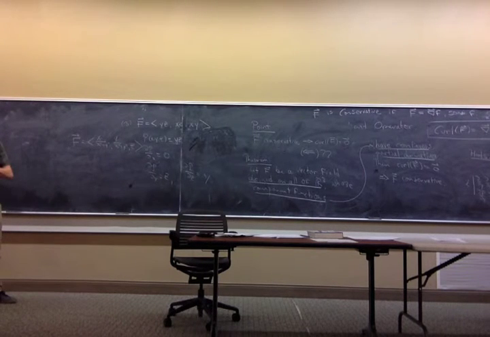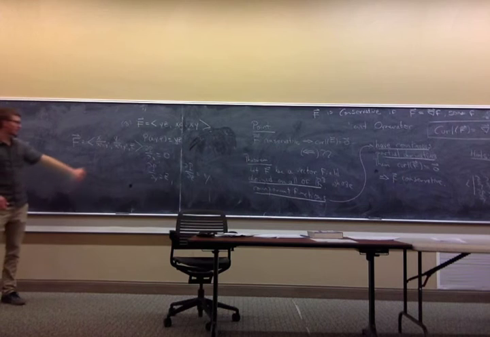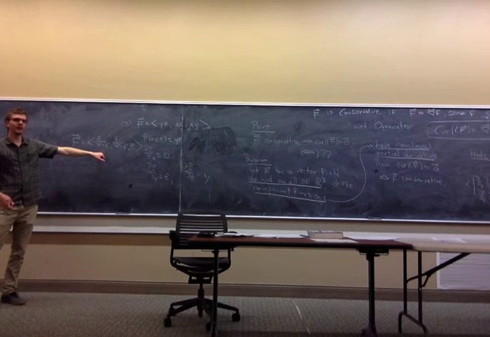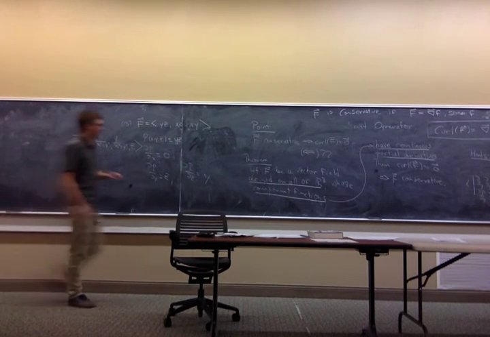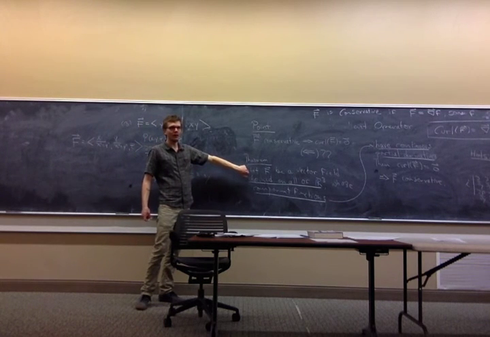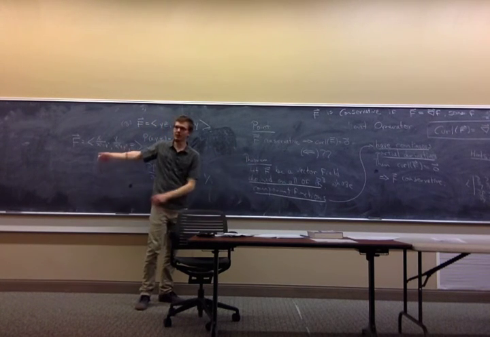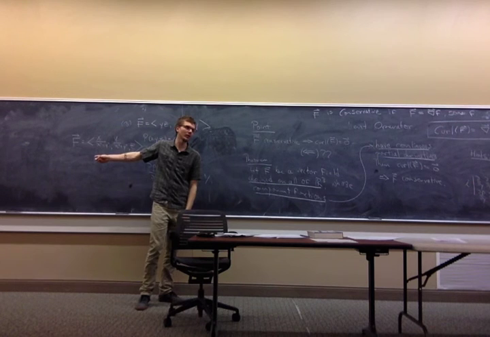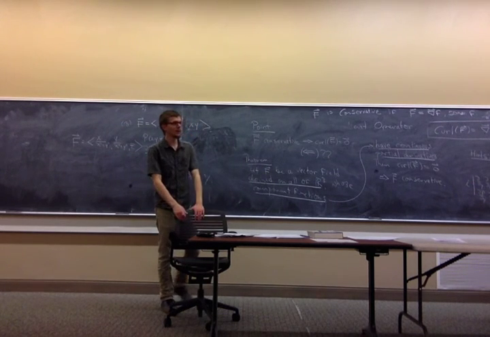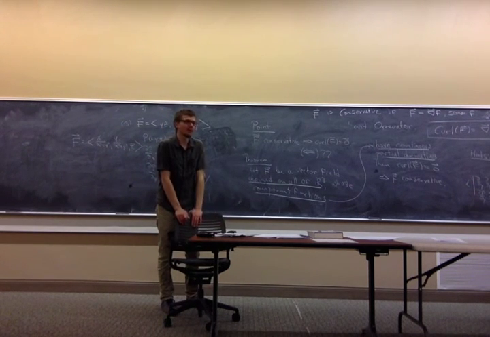Why can't we use this test? It's undefined when x squared plus y squared is equal to 0. This thing in particular is undefined at the origin, so this vector field is not defined on all of R3. Okay? So if you come across a vector field that looks like this, where you're doing some funky dividing by 0, this theorem does not apply. So it could be the case that you go through and compute that the curl of this thing is equal to 0, but that does not imply that it's conservative, because it didn't meet the hypotheses of this theorem.